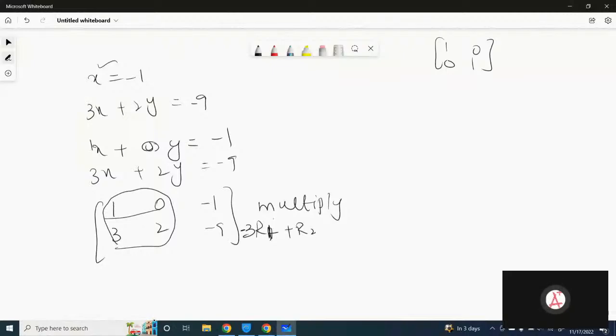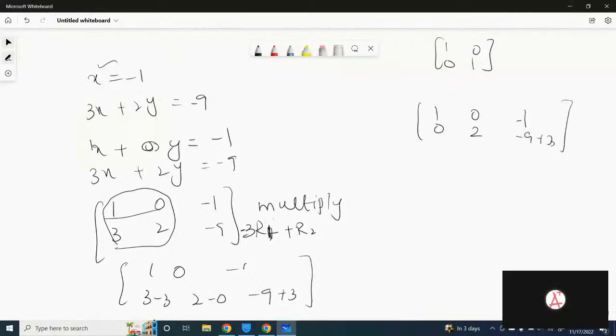Got it? Just multiply equation number 1 by -3. So 3 and -3, 2 and 0, -1 and +3.